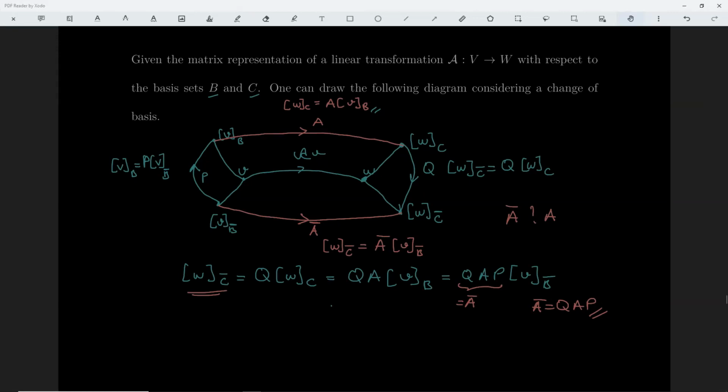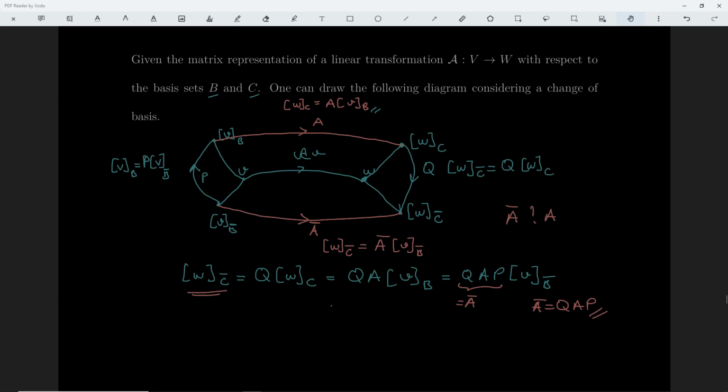If I know a linear matrix representation of a linear transformation with respect to given bases B and C, and if I know the matrices that convert representations of B to B bar and representations of C to C bar, I can find the matrix representation of the linear transformation with these new basis sets B bar and C bar without even knowing the linear transformation itself, right? So I can simply study this A matrix, Q matrix, and P matrix and find A bar.